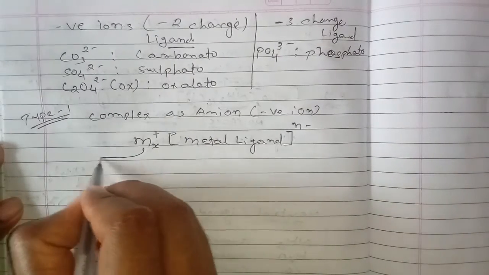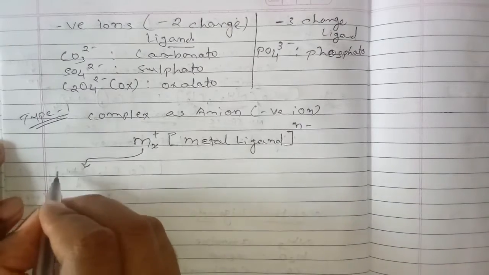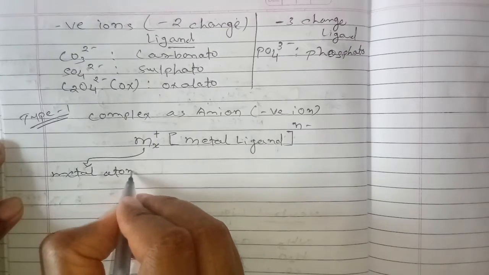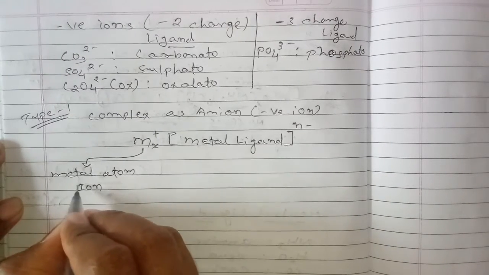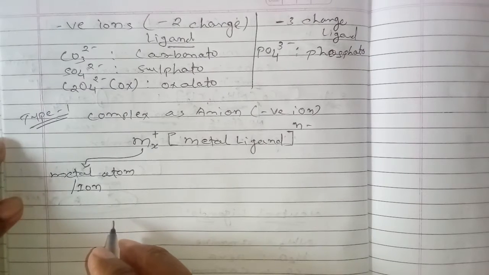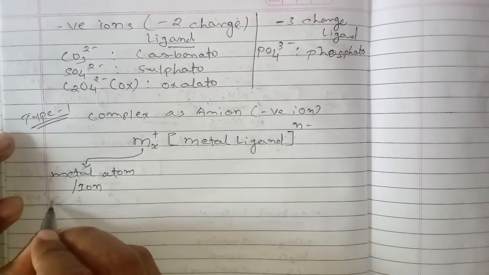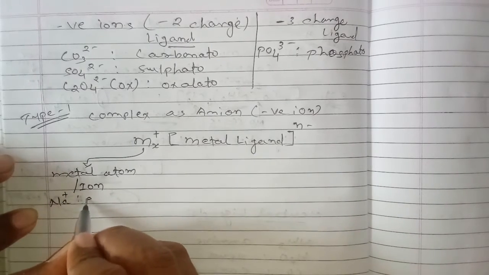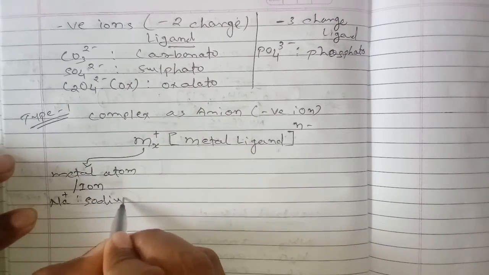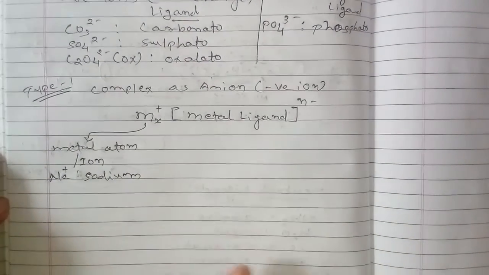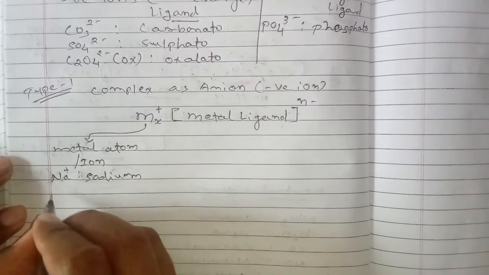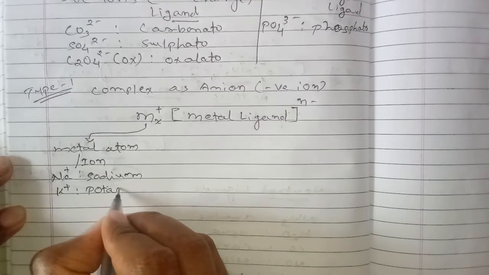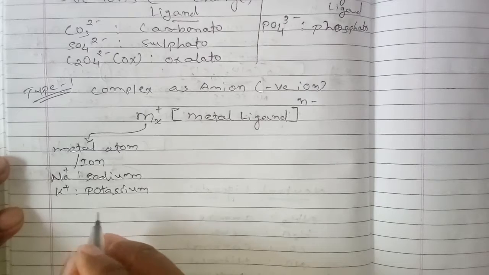In this first type, the metal atom or ion is written first. Suppose it is sodium ion, it is directly written by its regular name, sodium. In case of potassium ion, it is written as potassium only.